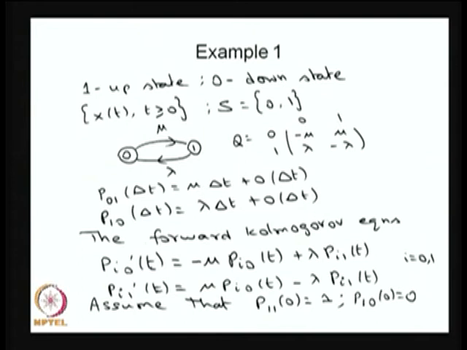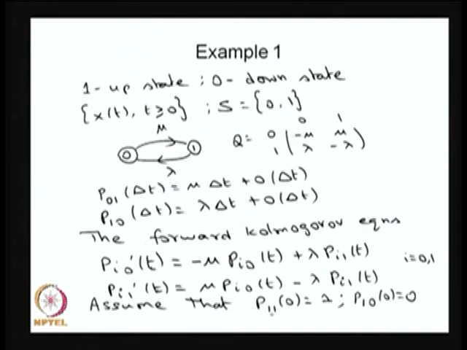Now, my interest is to find the time dependent or transient solution for this two state CTMC. For that, this is a differential equation, and we need an initial condition to solve these equations. So, I make the assumption that at time 0 the system is in state 1.